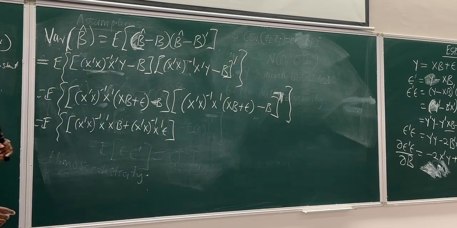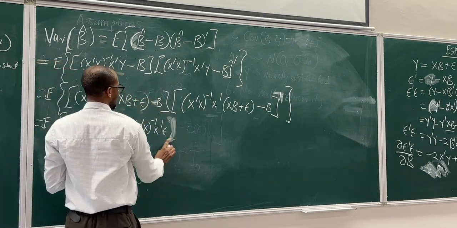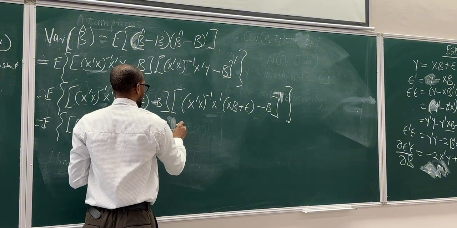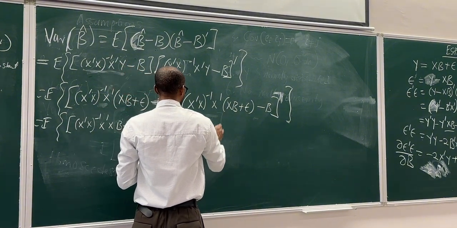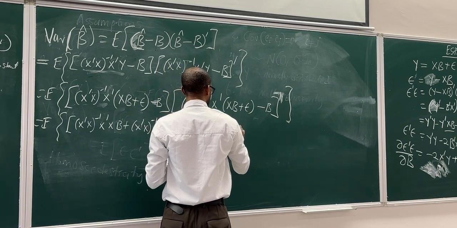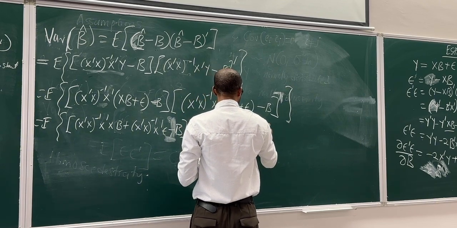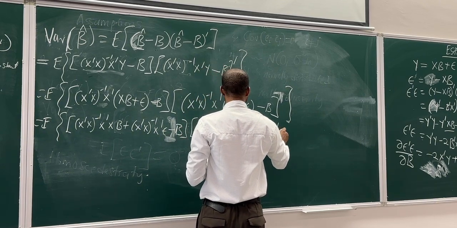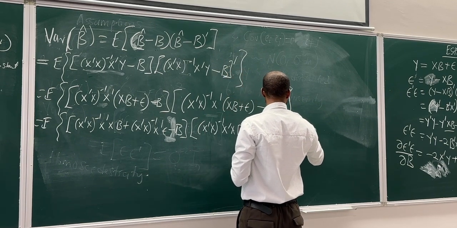We've opened the first bracket. Then it's the same thing. Just write the same thing. Oh, minus beta. Thank you. Minus b. So then we write the same thing here: x prime x inverse x prime x b plus x prime x inverse x prime e minus b.